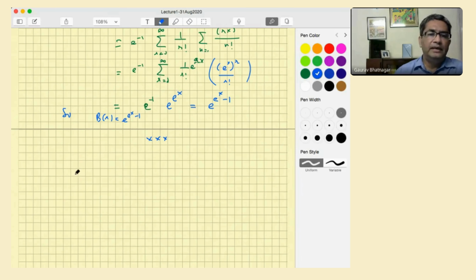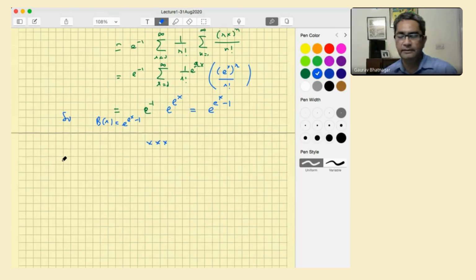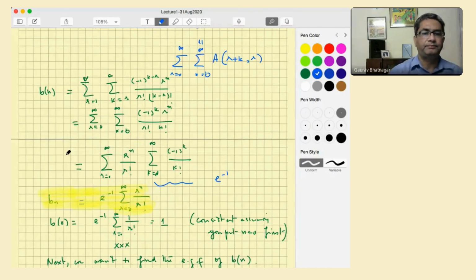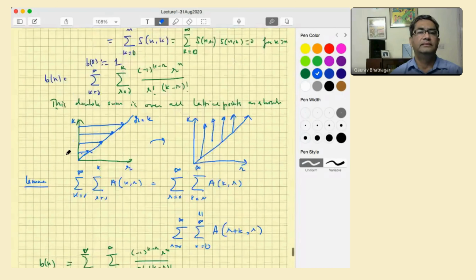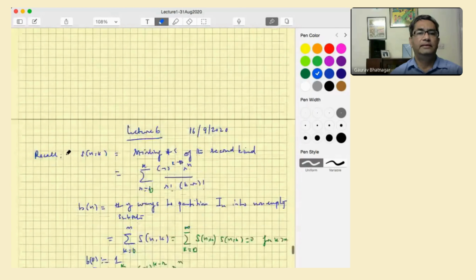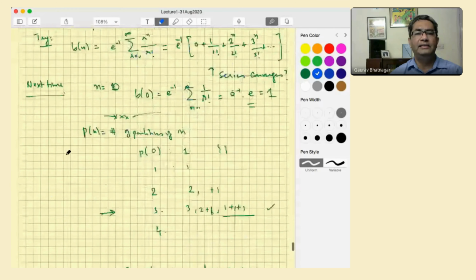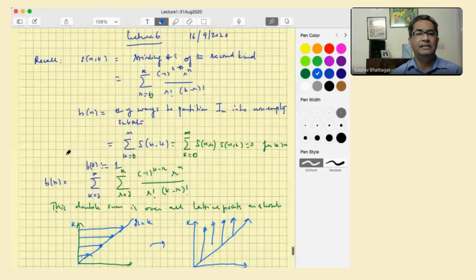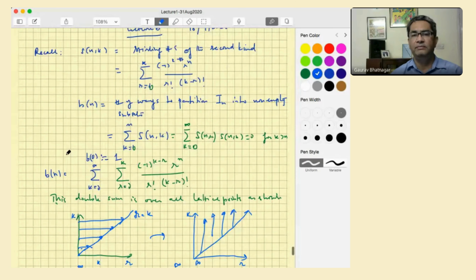Okay, now there is another technique. So we have a generating function. Just to summarize, so we had Stirling numbers. Then we had this expression for Stirling numbers, looks like hell.